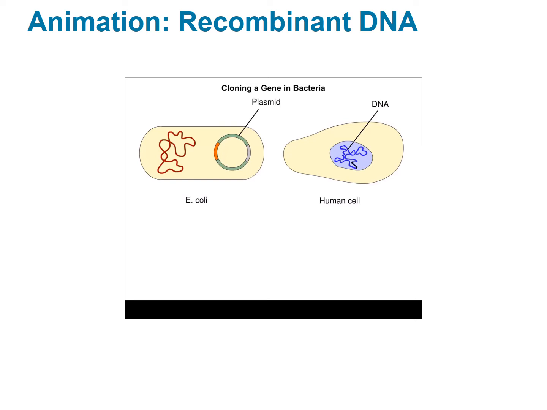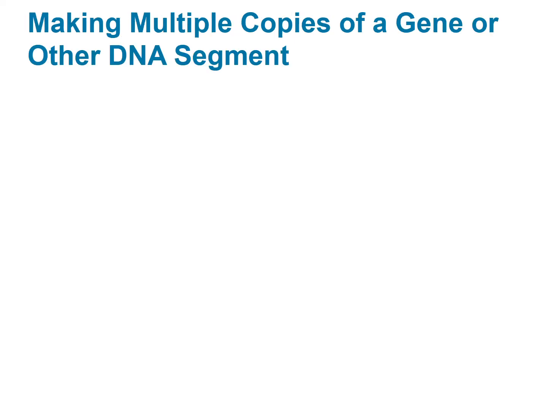All right, so that kind of shows the process of creating the recombinant DNA using a plasmid. So basically inserting a gene into a plasmid, and then you can do with the plasmid whatever you want. All right, so let's talk about how multiple copies of a gene or any other DNA segment are made. So I've been kind of touching on this, but now let's look at the actual process a little bit more in detail.